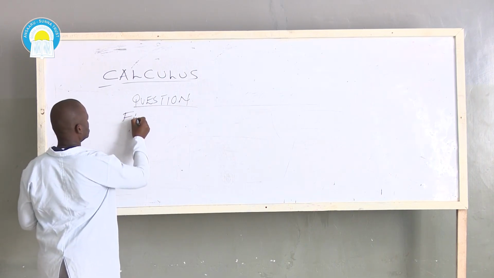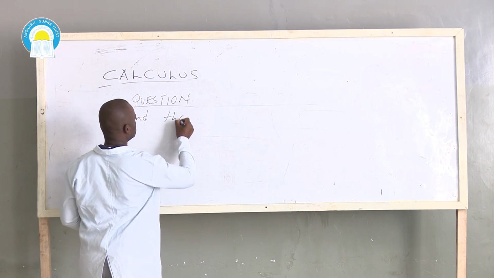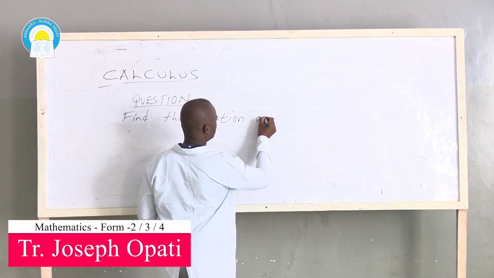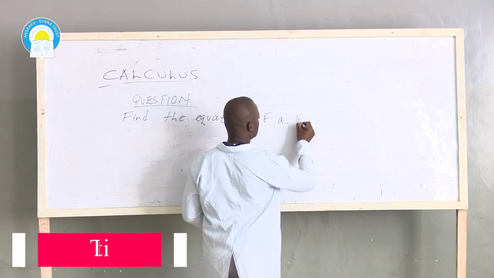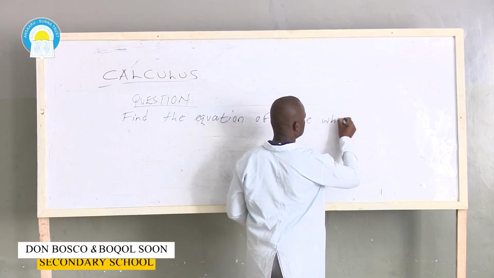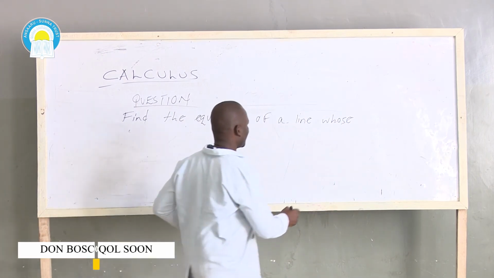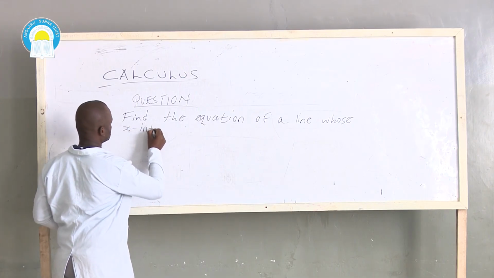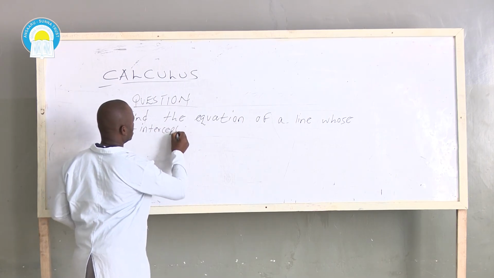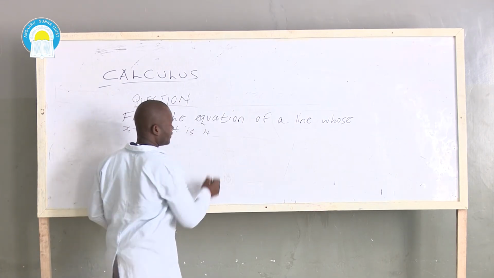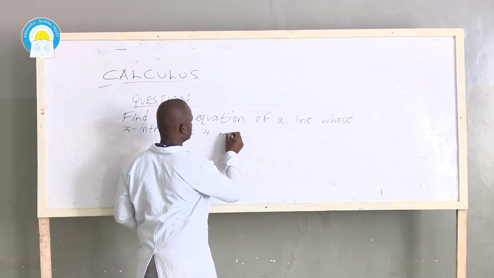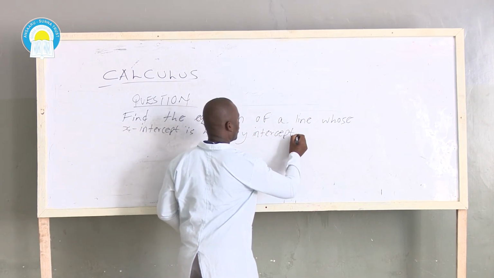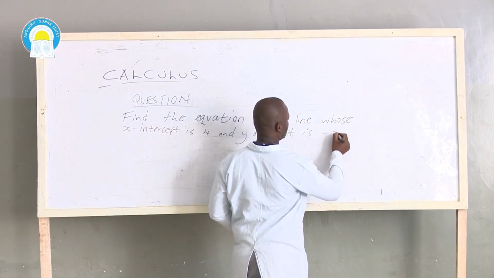Question is, find the equation of a line whose x-intercept is 4 and y-intercept is, let's say, -3.